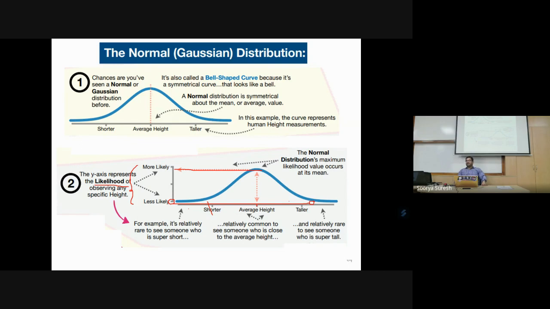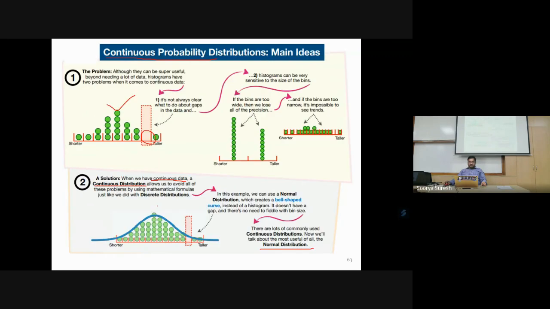Probability. When points fall, there is a higher chance that a data point falls into this region, and a very low chance that it falls into this region.